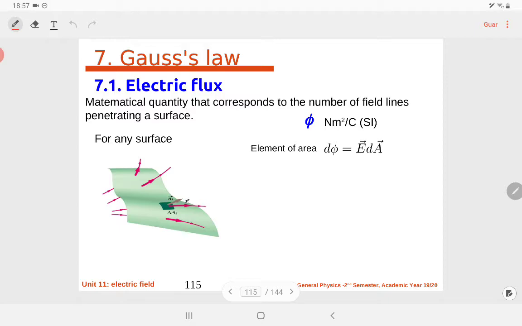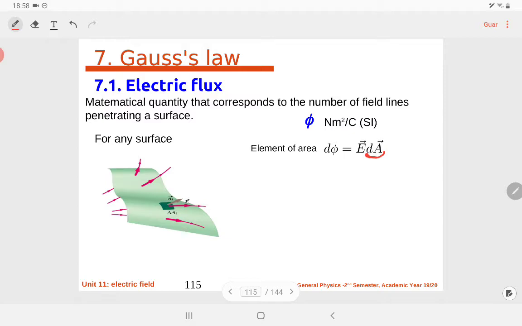So we define the element of area, this differential dA, as a vector that is perpendicular to each little segment of surface.